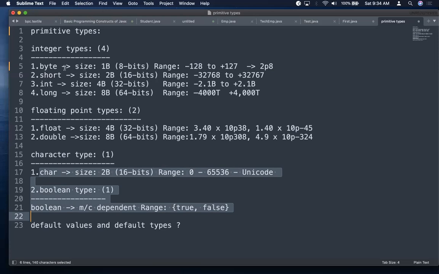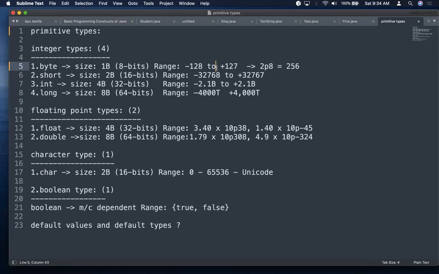Now coming to the byte, which is also signed, it has 2 power 8, so a total of 256 numbers you can represent, which are from minus 128 to plus 127. Why one less than 128?